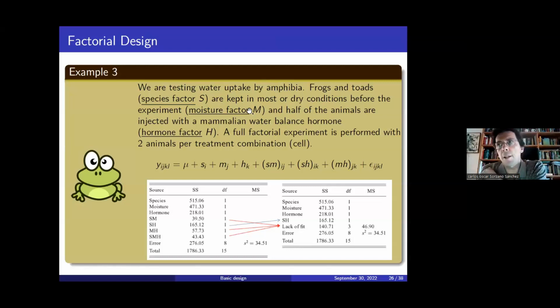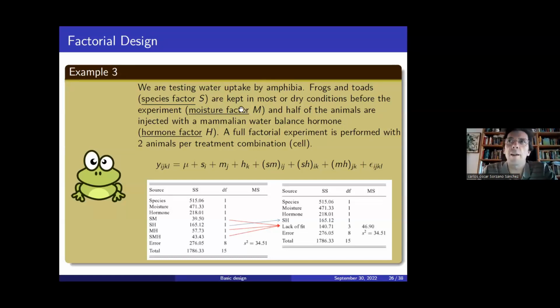In my experiment, I will inject the hormone or not, the vehicle, and then I will put the animal in water for half an hour. I will weigh it before putting it in water and after being in water, and I will measure the difference. If the hormone has an effect, then those receiving the hormone will behave differently from those not receiving the hormone.